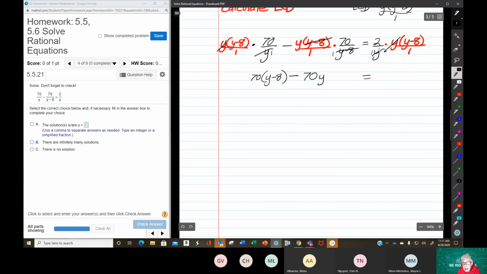And then equals, I have a 2 left, and I have a y minus 8, so 2 times y minus 8. And now I have a normal linear equation, which is going to be fairly easy to solve. I'm going to have distribution, but other than that, it's better than fractions.